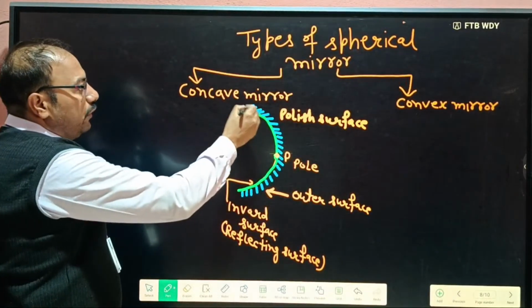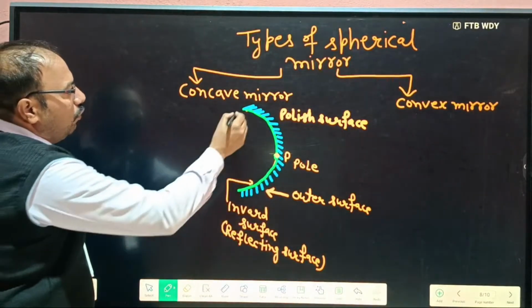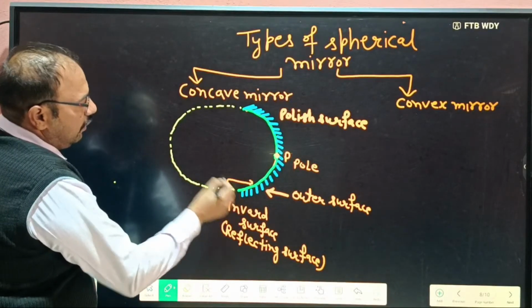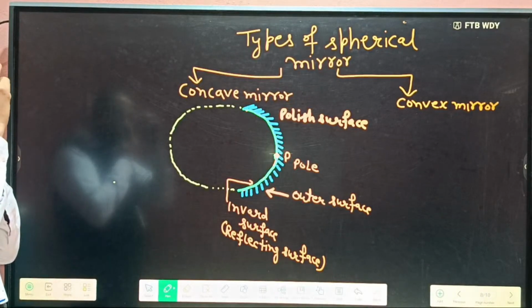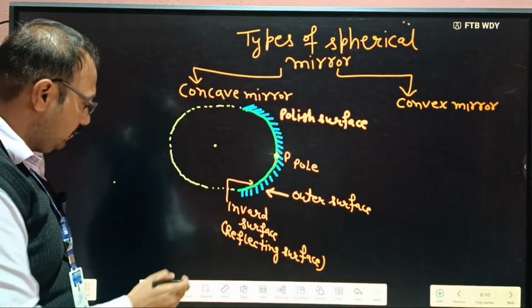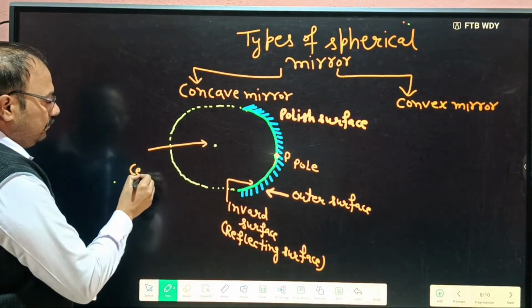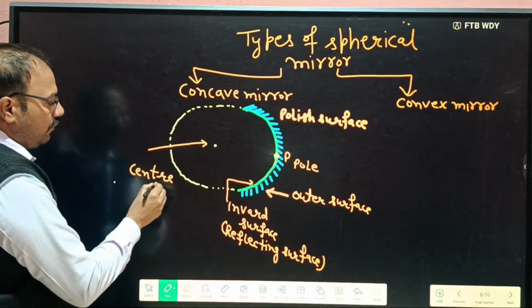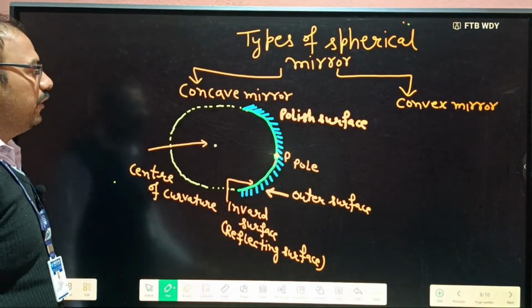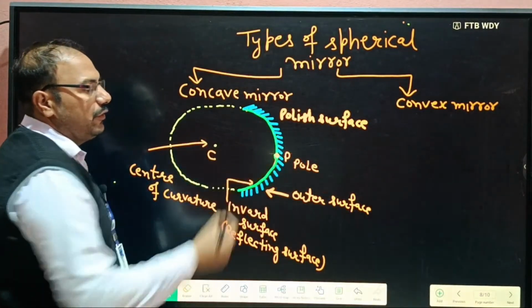If we draw this as a full sphere, because this is a part of a sphere, the center of the sphere is known as the center of curvature, and I write it as C. So this is the center of curvature and this is the pole.